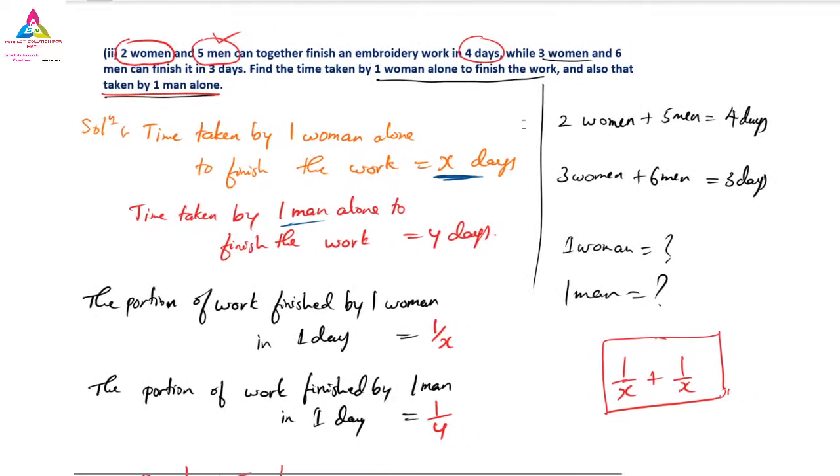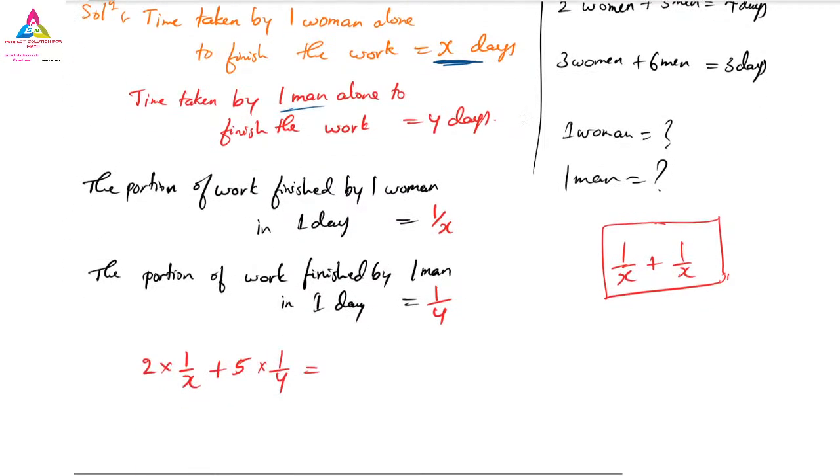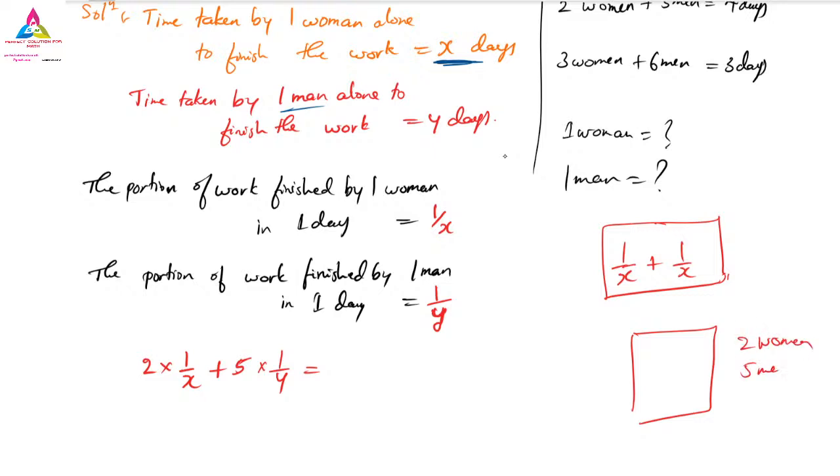Here they are completing the work together in 4 days. But in one day, how much portion will the two women and 5 men complete? They take 4 days, so within one day they will complete 1/4.